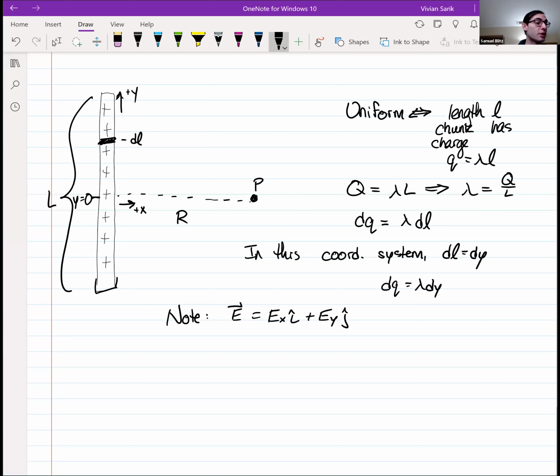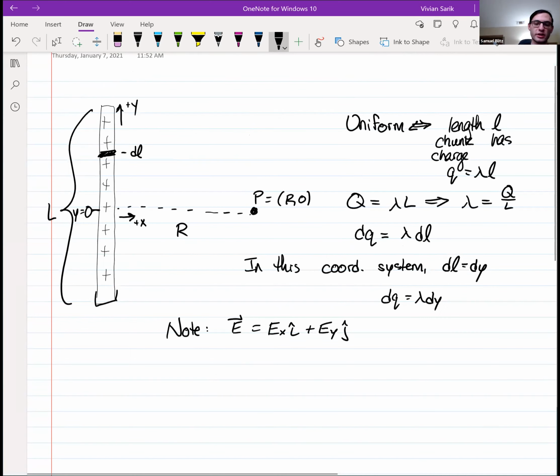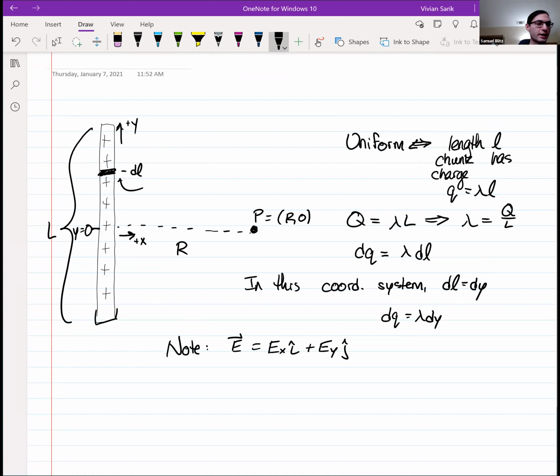Right, okay. So we want the electric field at this point, which is at location capital R, 0. Capital R in the x direction, 0 in the y direction. And the charge is located at position, say, 0, y.